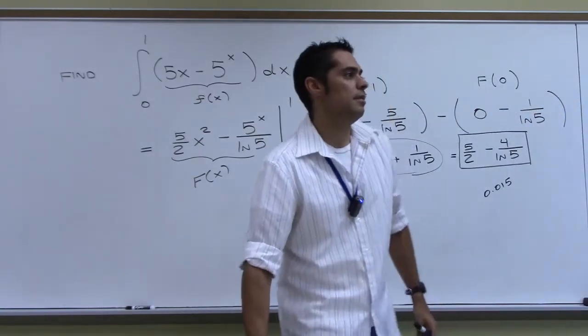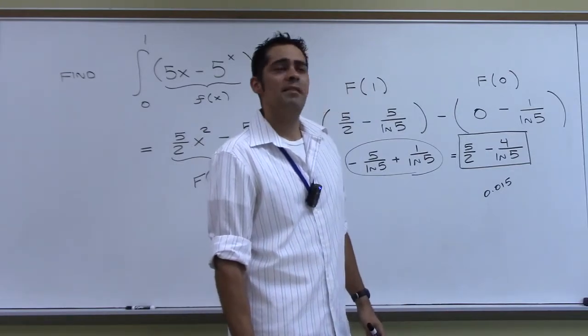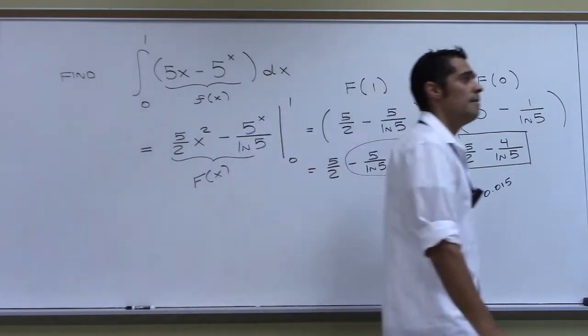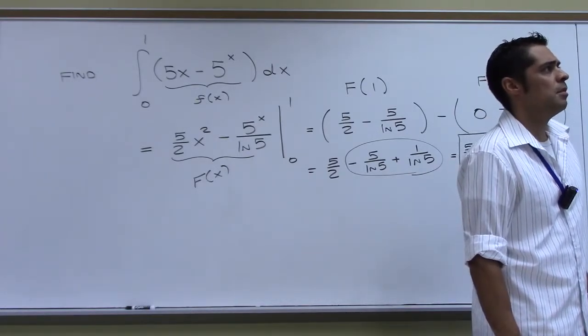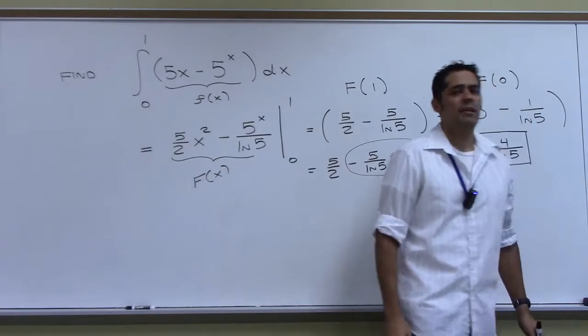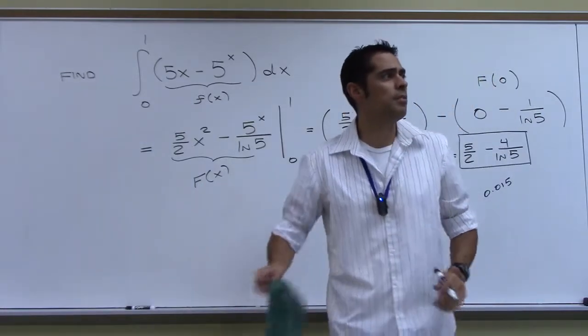All right, let's continue. We did this one last class, right? How about this one? X cosine x, integral 0 to 2 pi.